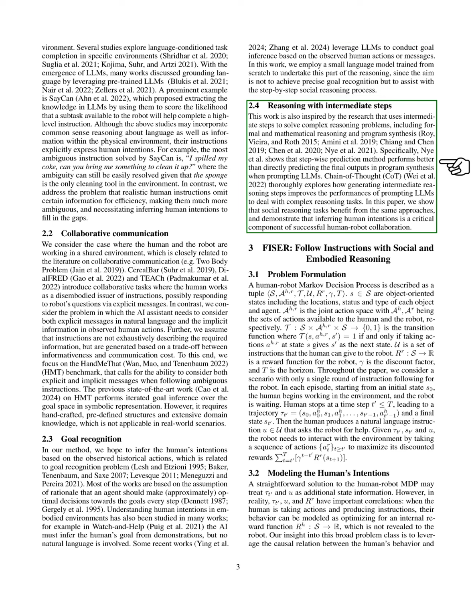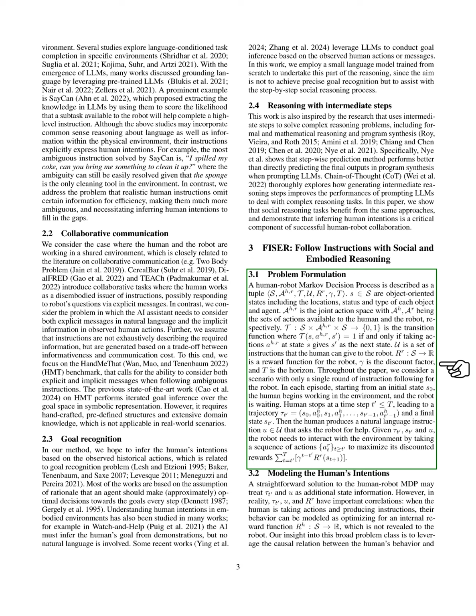Our work is also inspired by research that employs intermediate steps to tackle complex reasoning tasks, including formal reasoning and program synthesis. Studies have shown that predicting intermediate steps can yield better results than directly predicting final outcomes. We demonstrate that social reasoning tasks also benefit from this method, highlighting that inferring human intentions is vital for effective human-robot collaboration.